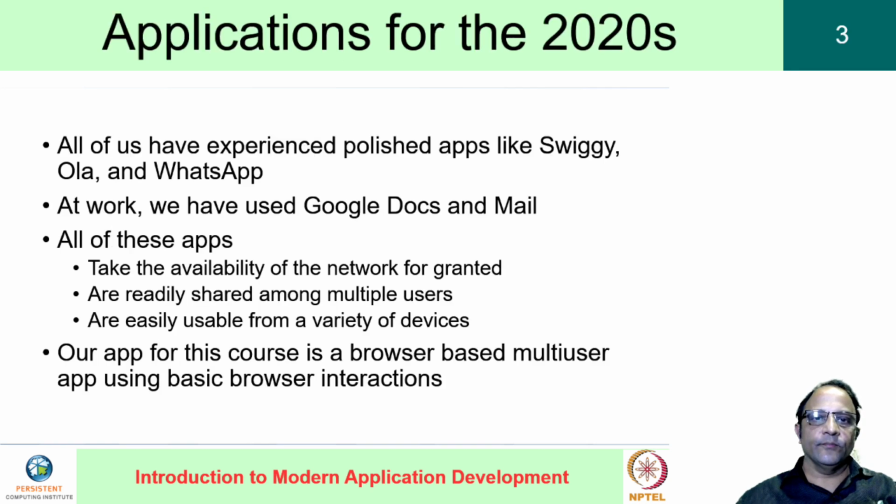Okay, let's begin. What is application development like in the 2020s? Much like an actor needs to understand their audience and a writer needs to understand their readers, a programmer needs to understand the expectations of their users. In the 2020s, all of us have experience with polished applications like Swiggy, Ola, and WhatsApp.